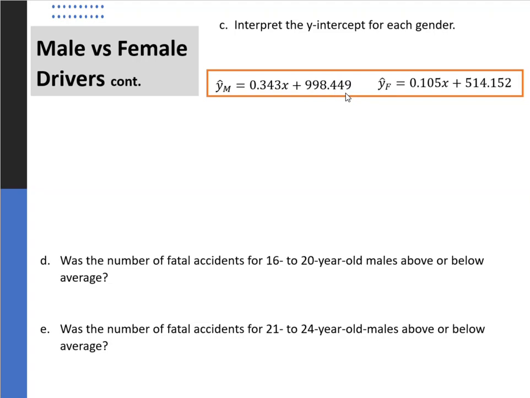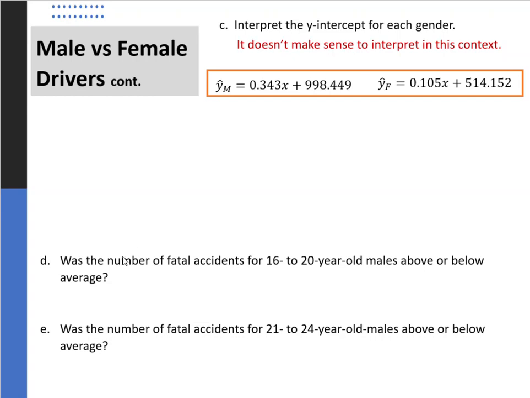That doesn't exactly make sense in this context, right? 0 drivers for still 998 crashes. So we would simply say it doesn't make sense to interpret this in this context.